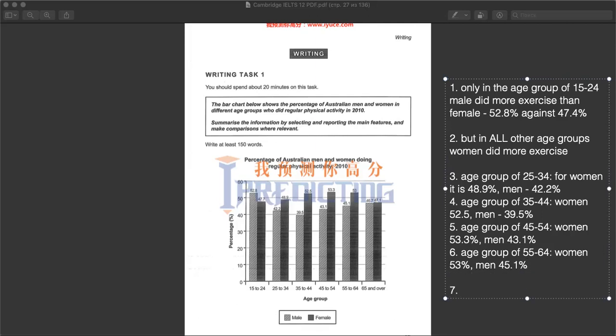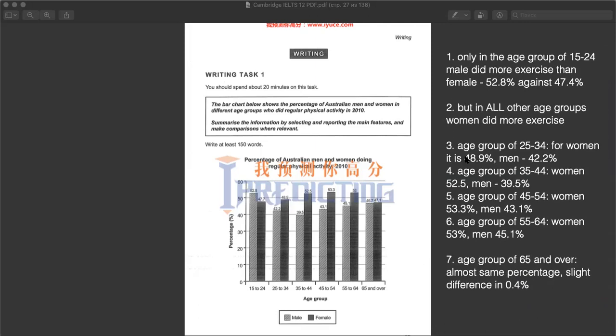And this is different, because it's almost the same here. Age group of 65 and over, almost the same percentage. One slight difference. Slight means small. Slight difference in 0.4%.